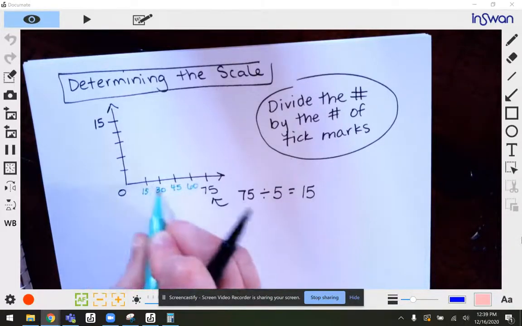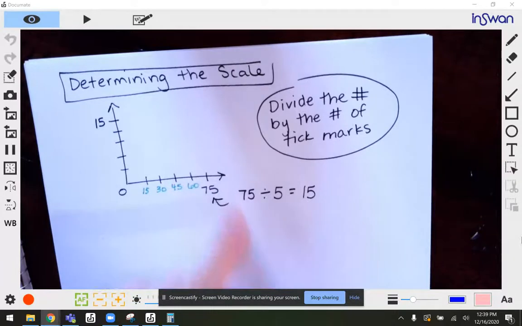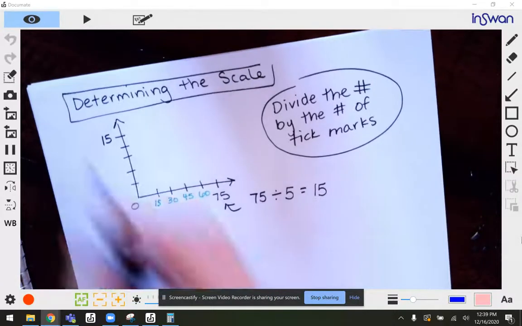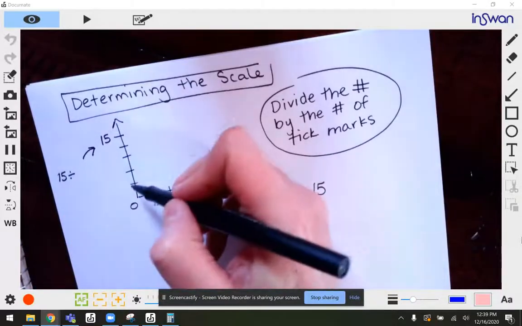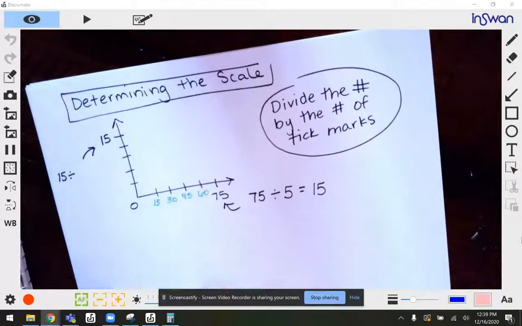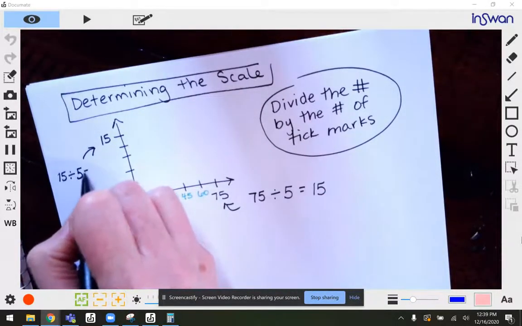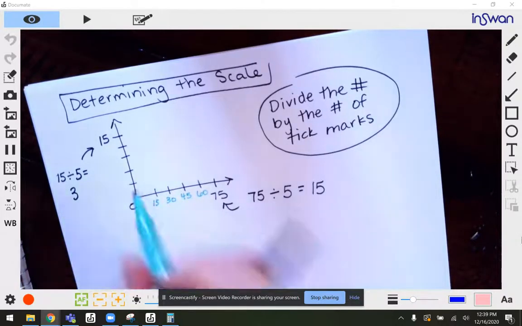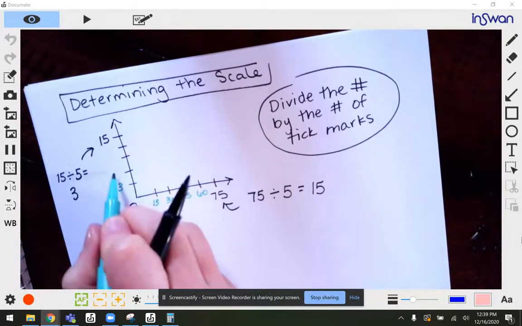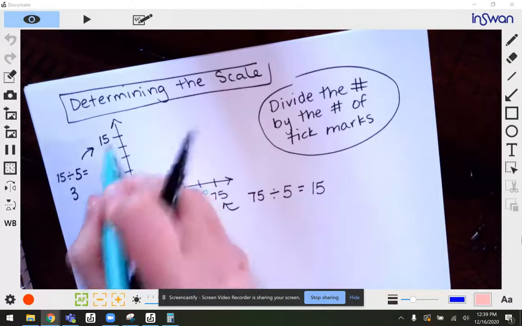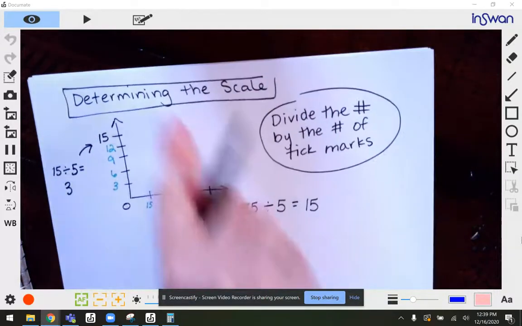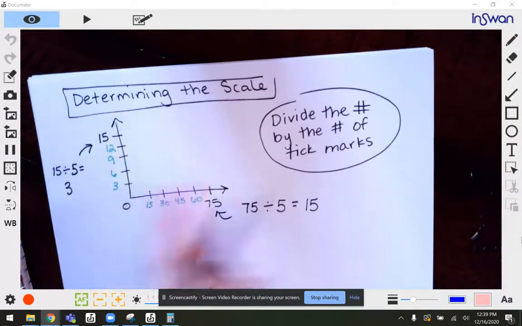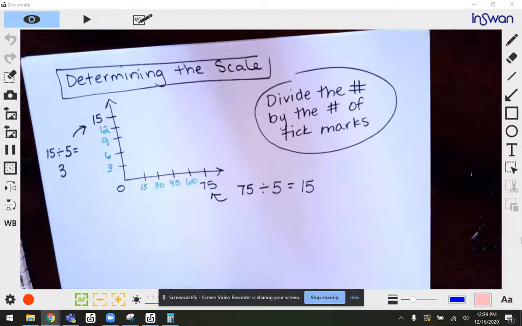We're adding 15 each time, and that should get us up to 75. For this one, we would say 15 divided by, and again, 1, 2, 3, 4, 5 tick marks, equals 3. So we're in units of 3 here. 3, 6, 9, 12, 15. So that will help you in determining the scale if it's not labeled clearly.